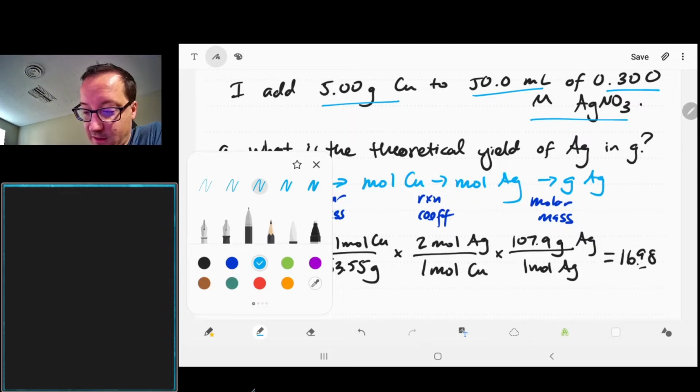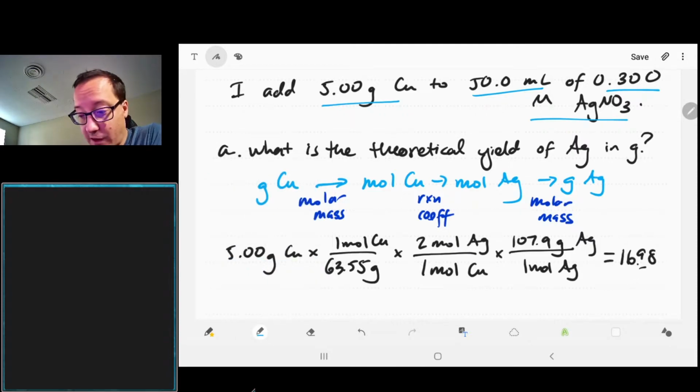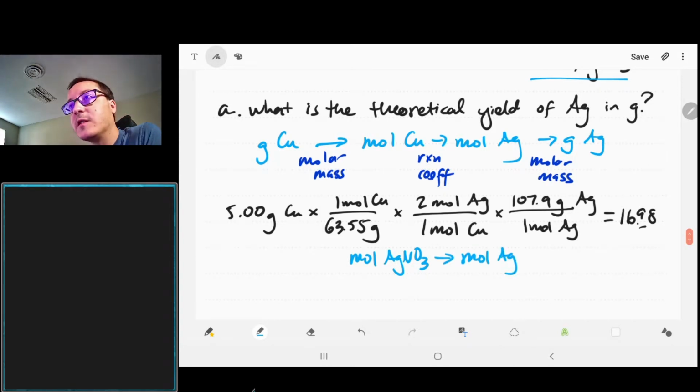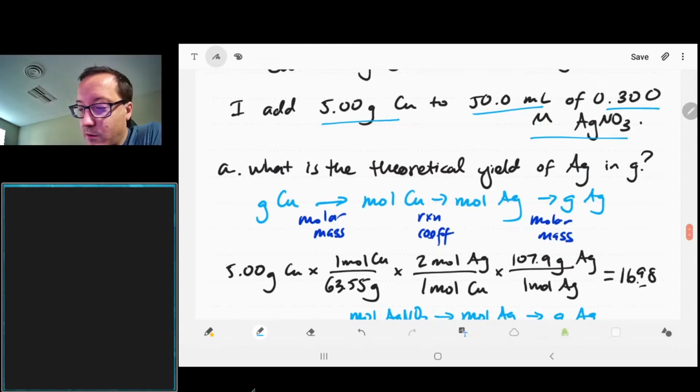Remember, for theoretical yield, we need to do this for every reactant that we have. So our other reactant is silver nitrate, so we're going to need to do a unit plan for that. It looks like this time we're given milliliters and molarity.